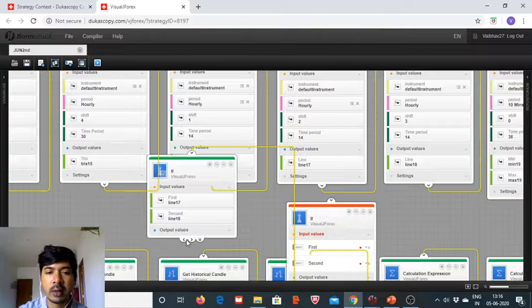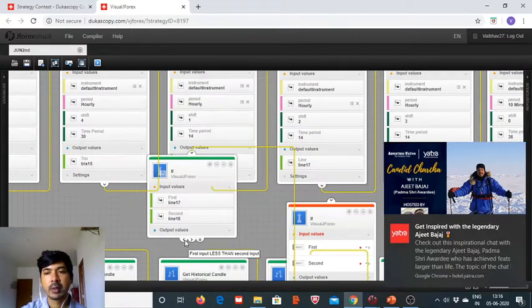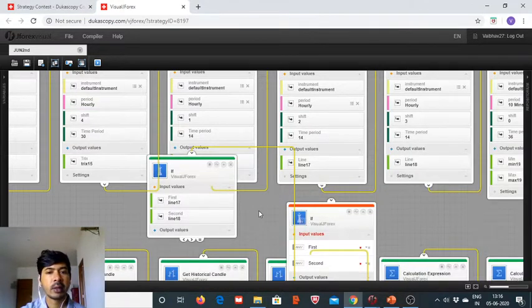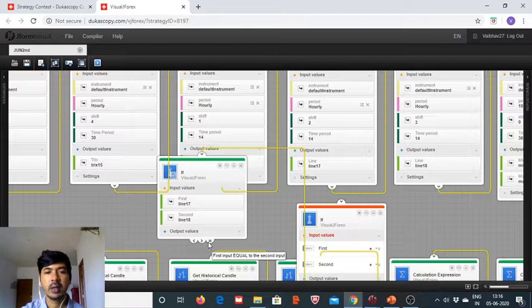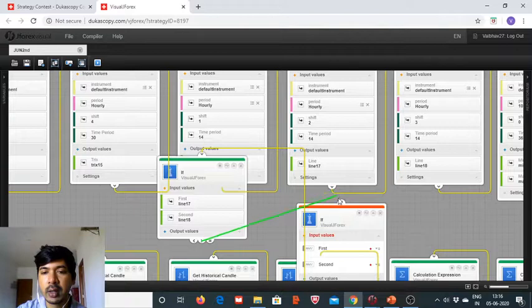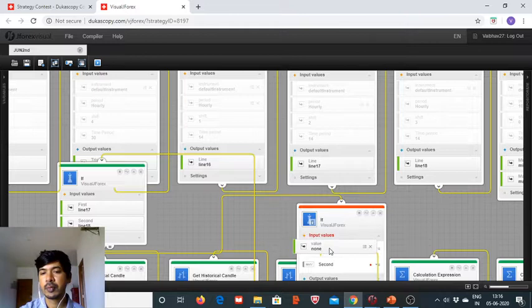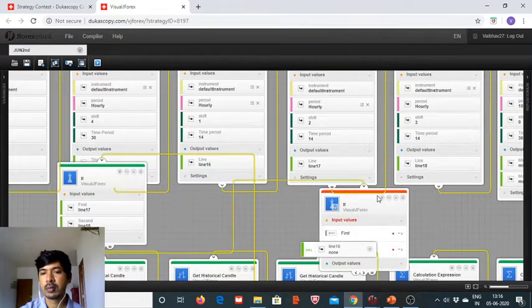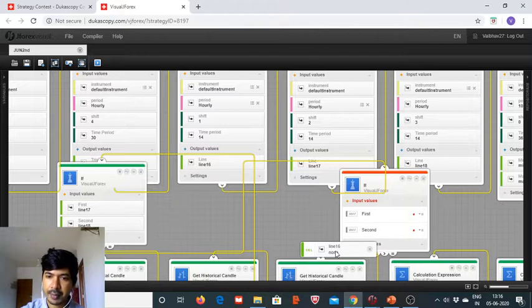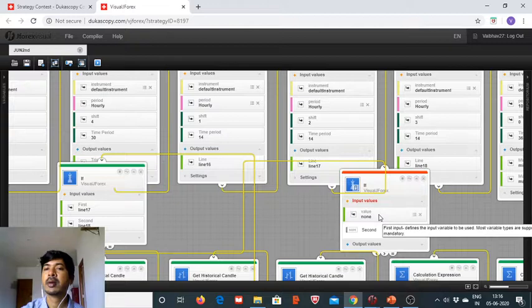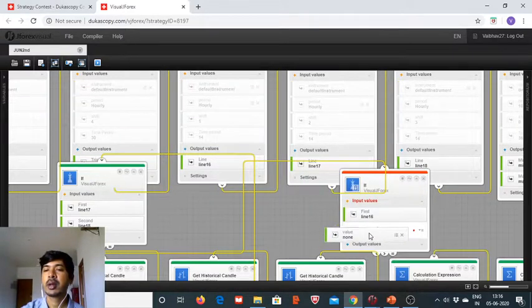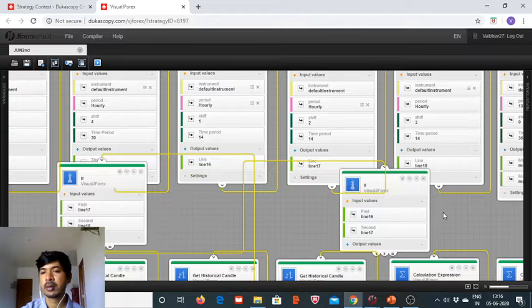So it will be the marker. So here we need line 17 to be greater than line 18 and then line 16 should be less than line 17.